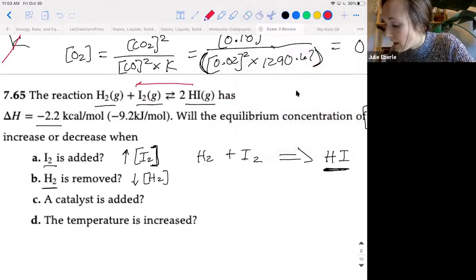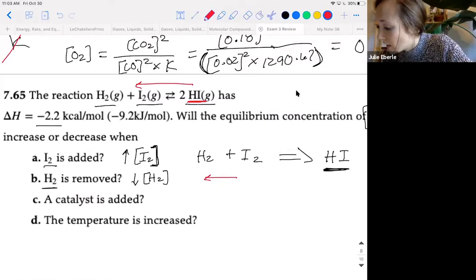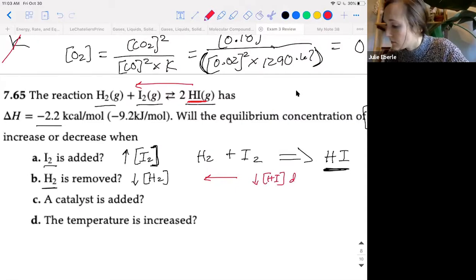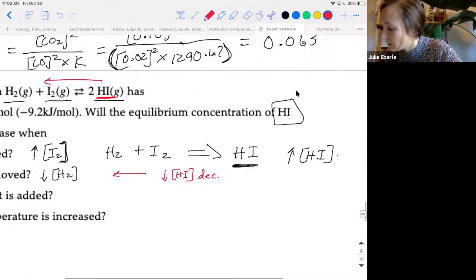It will shift this way to replace some of the hydrogen we took away. If equilibrium is shifting this way, what's happening to the concentration of HI? Well, we're using it up. We're going to make more of our reactants because we took some away. So the concentration of HI will go down. It'll decrease. And we said on 1, it would increase.